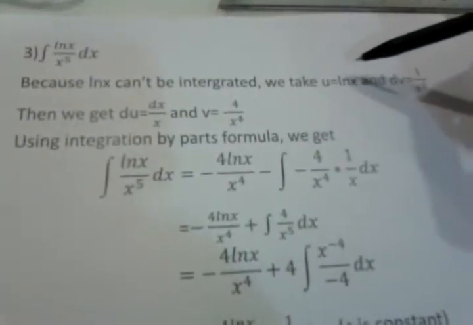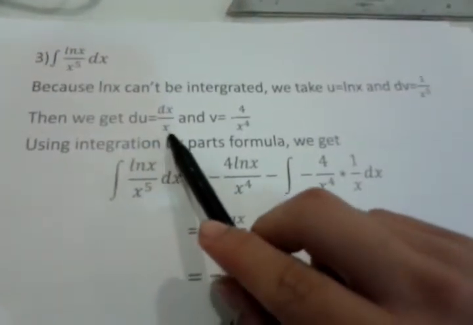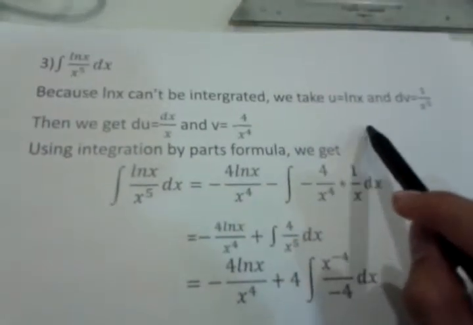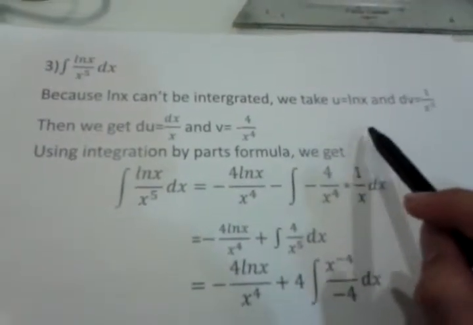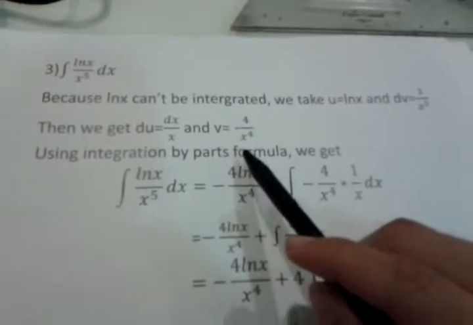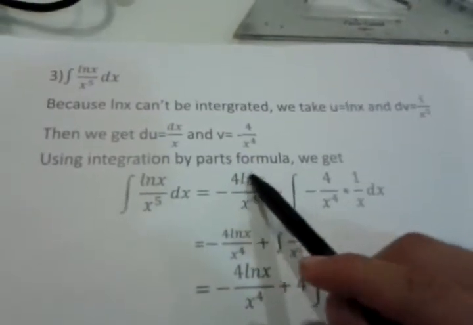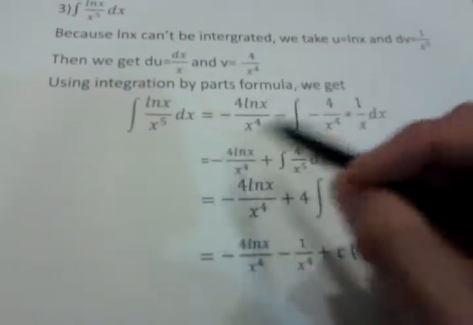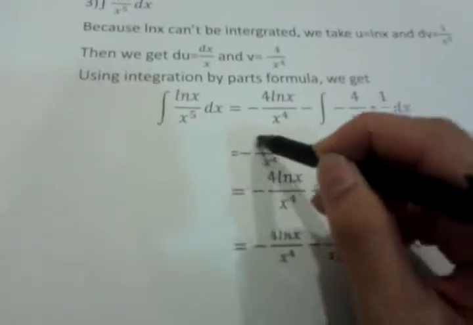After we differentiate ln x, we will get du equal to 1 over x dx. And when we integrate dv equal to 1 over x to the power of 5, we will get minus 4 over x to the power of 4. Then we apply the integration by parts formula. We will get this.